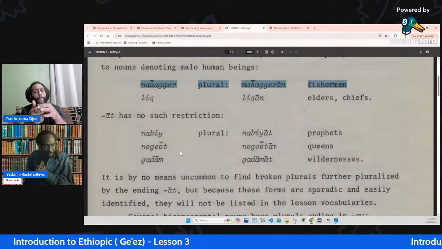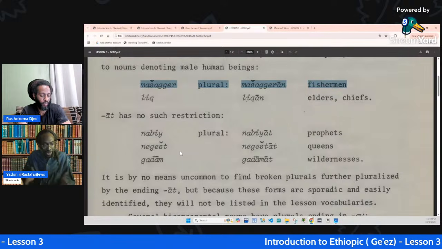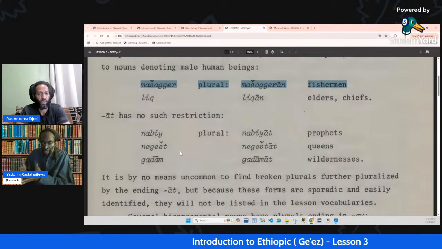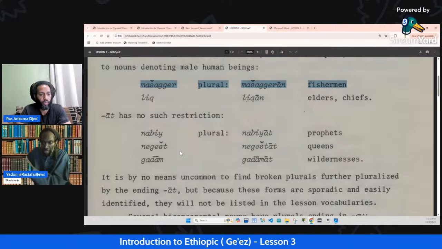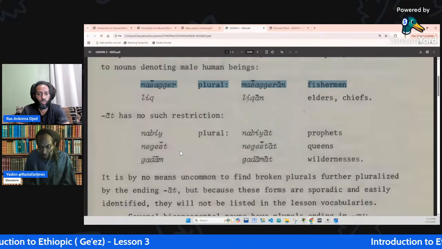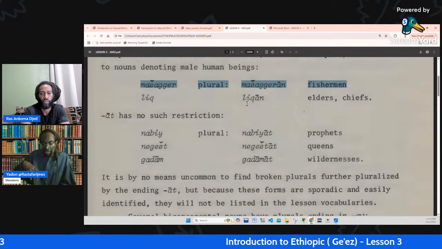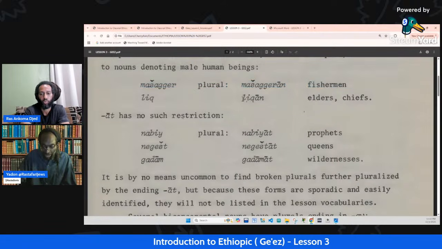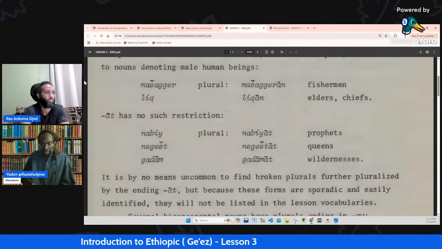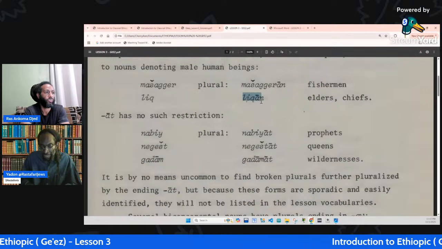Like in Amharic from the Gutters, Lika Kahinat. Lika is the one who is a chief or the elder, the superior of the Kahinat. Kahinat would be like the priest, Lika Kahin. So here we have leak on.